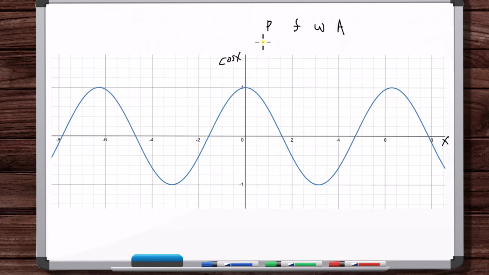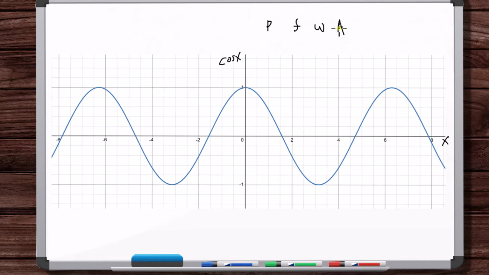A stretch or shrink about the y-axis of a sinusoid, we're just thinking about sine or cosine, untranslated vertically or horizontally, is great to sum up as a change in the amplitude of the sine or cosine. A stretch or shrink about the x-axis, you can think about fundamentally as a change in the period.